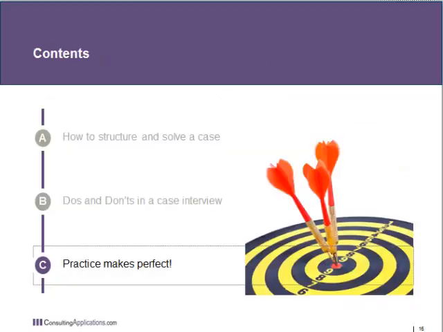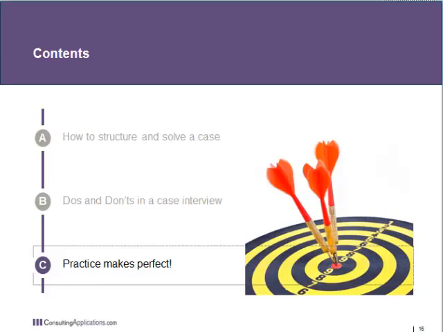So at the very beginning, we said that to master solving cases, you need both knowledge and practice. Now that you have knowledge of many important topics, it is important that you practice these things. You want to have muscle memory so that you're doing these things as second nature.